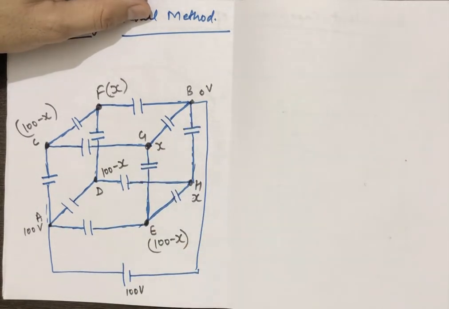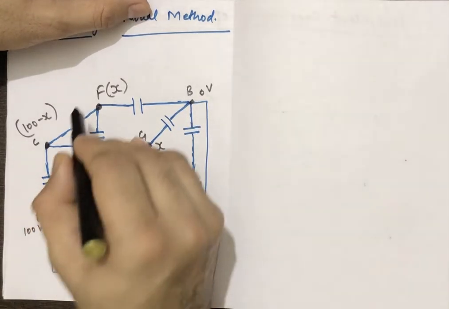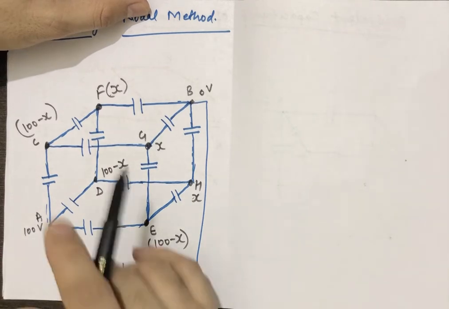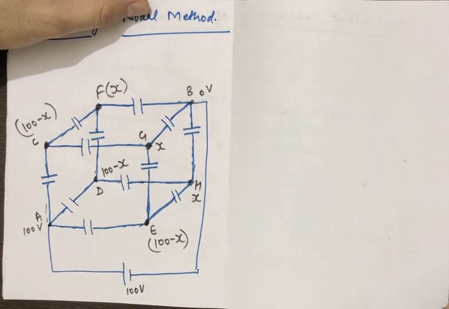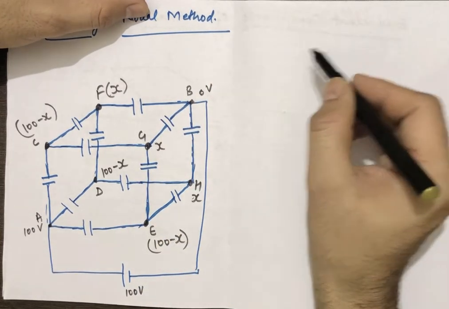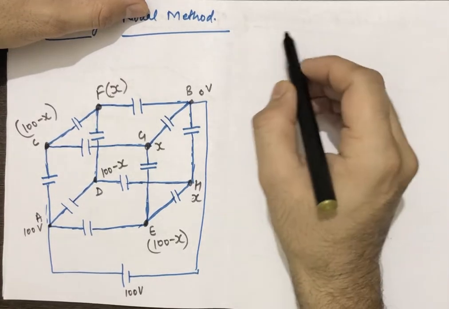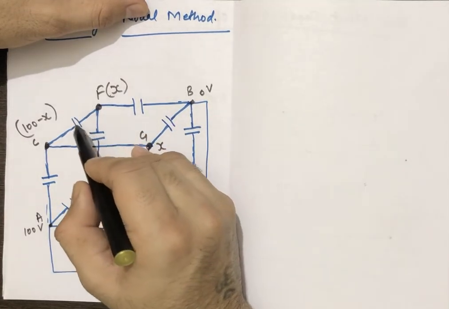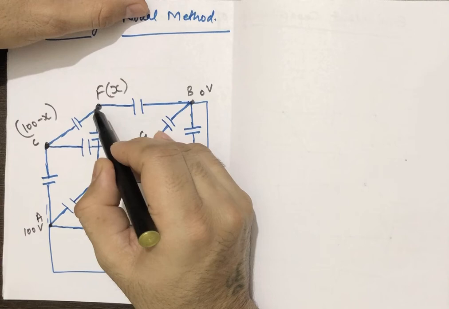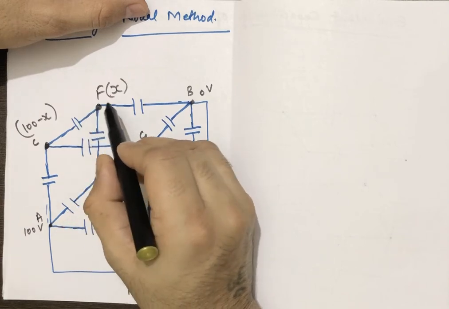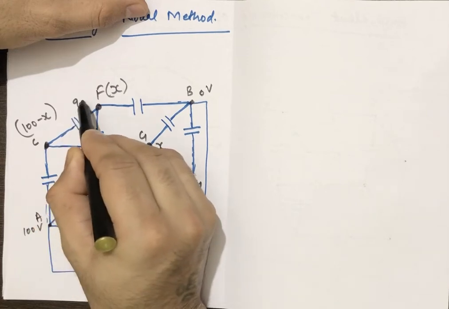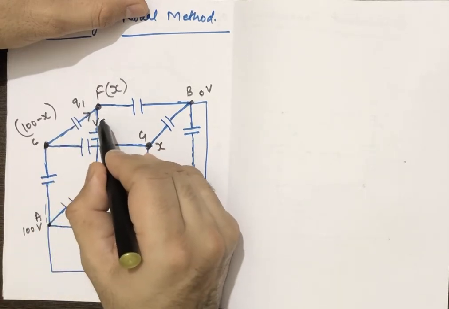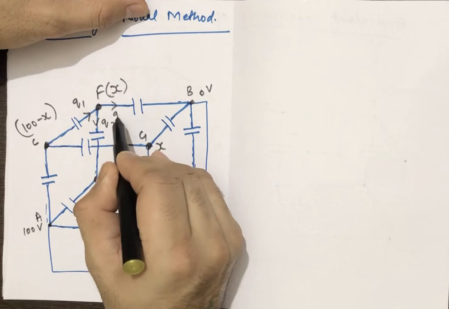By the nodal method, what we actually do is take a point. Node means a point where we will apply Kirchhoff's first law. According to Kirchhoff's first law for capacitance, charge does not accumulate at a junction. जितना चार्ज आएगा उतना ही चला जाएगा. For example, from this side, if Q1 charge is coming, it gets distributed as Q2 and Q3.